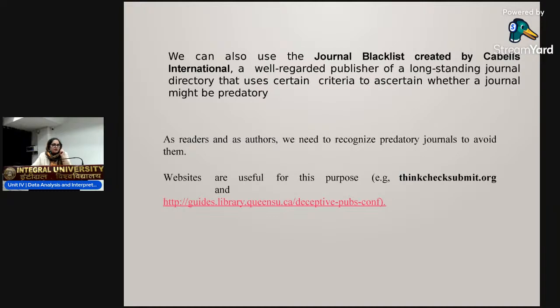Think, check, submit. If you remember the cartoon earlier, where we were showing you how to write ethically, it told you think, check, submit. So you'll go to thinkchecksubmit.org and you can figure out which journals you should publish in and which journals you should not.